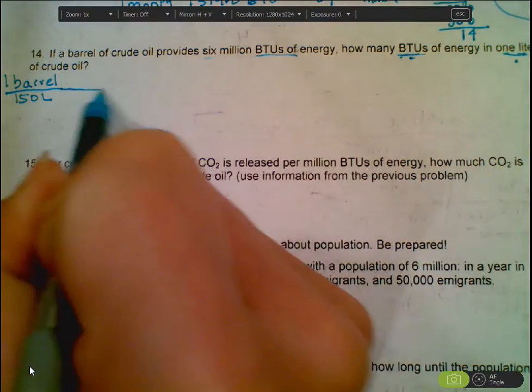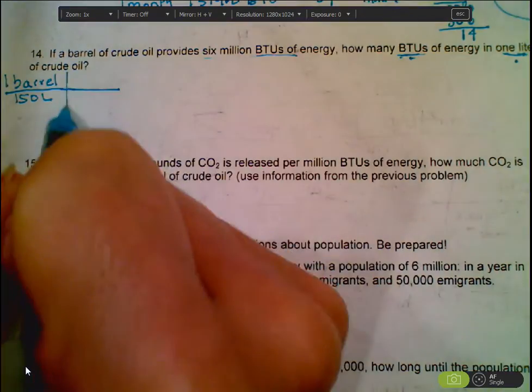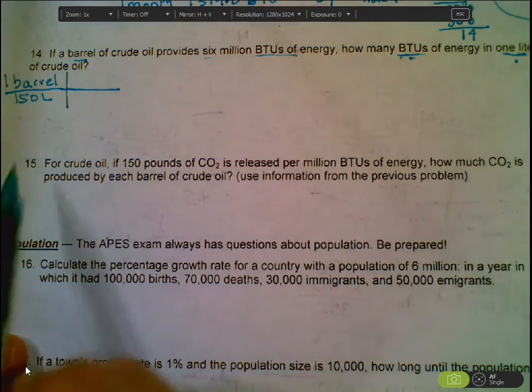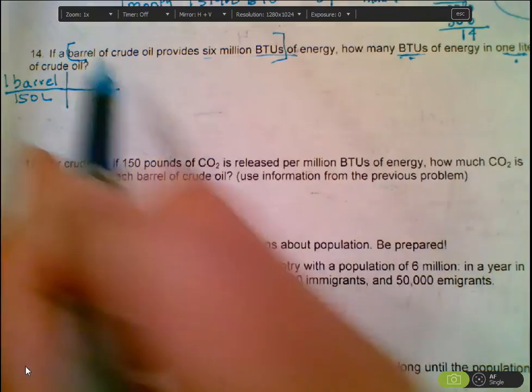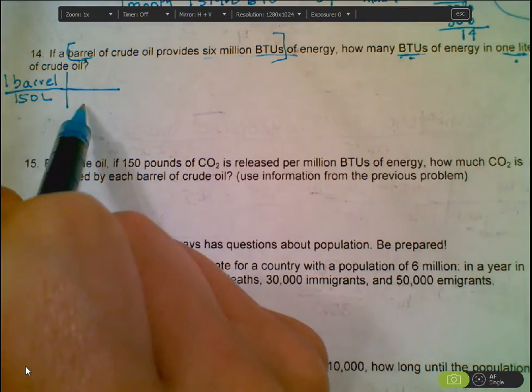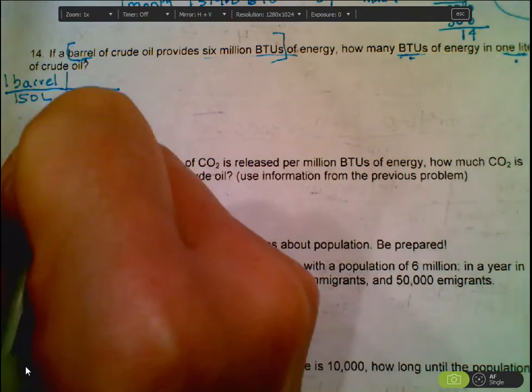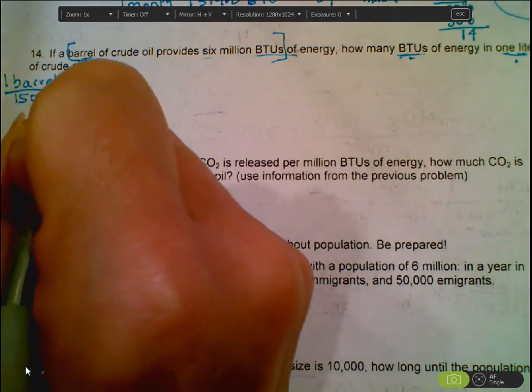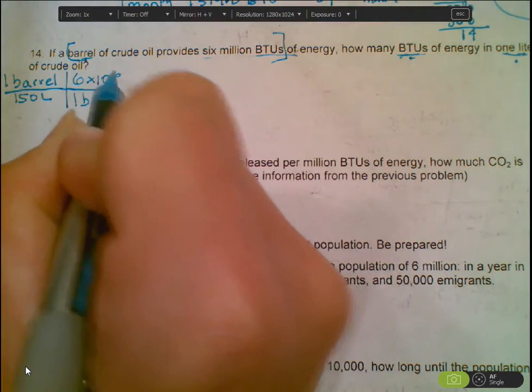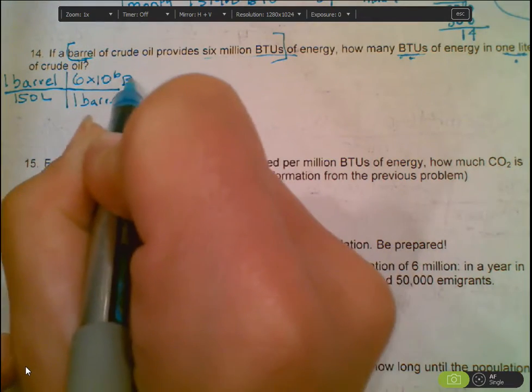So we know that 1 barrel provides 6 million BTUs, and I want it to be on the bottom. So this is a conversion, by the way. A barrel, 6 million BTUs. I want my barrel on top, on bottom, because I want my units to be able to cancel. So here we have 1 barrel provides 6 million, which is 10 to the 6, BTUs of energy.